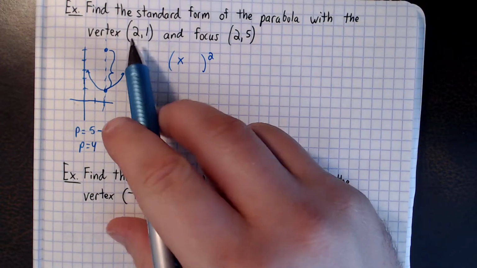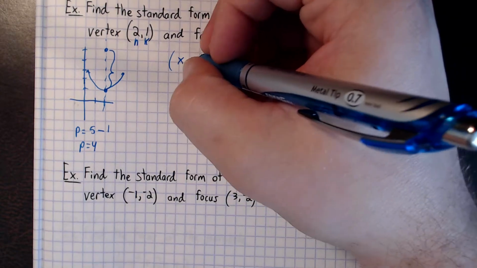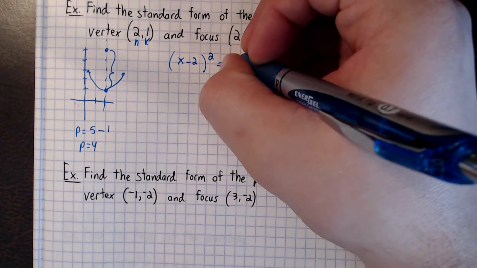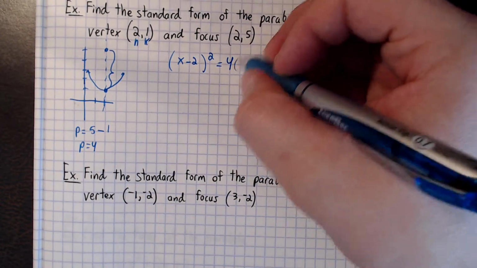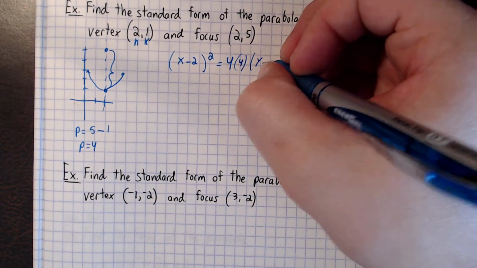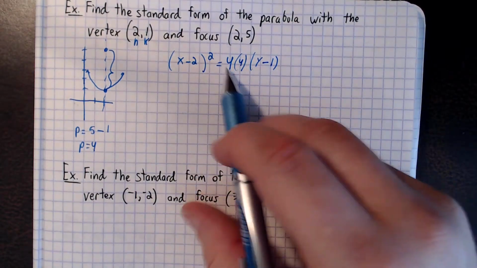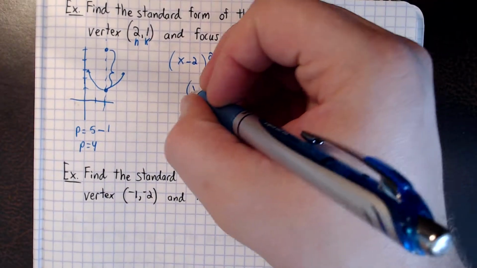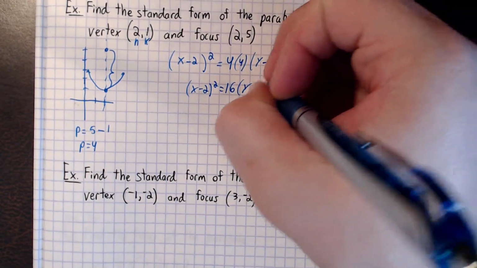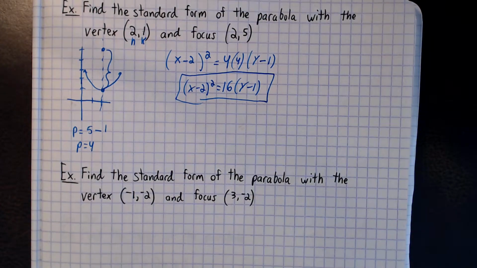Our h term here matches up with our vertex, 2, so it would be x minus 2 because we use the opposite sign. 4 times p, which we found to be 4, times y minus k, which is 1. And then I just have to figure out what that becomes, really simplify it. And there's your standard form of that particular parabola.